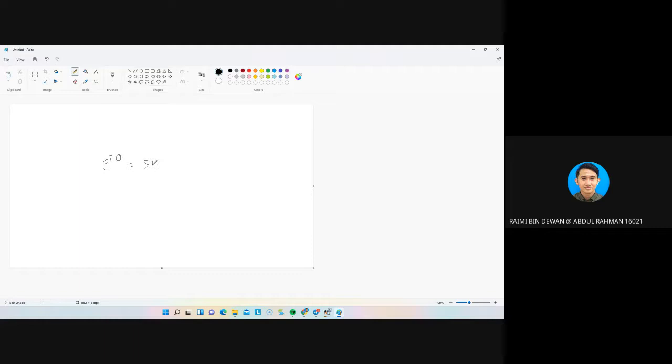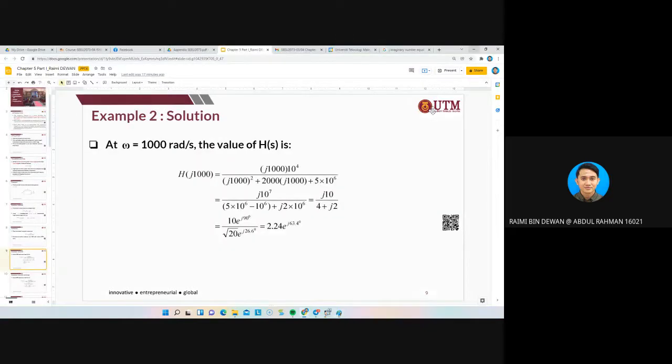You try this yourself, okay? What is Euler's formula relating to sin and cos? Okay, this one is not complete. But in such a way that we manipulate this term in order that j can be replaced with e^j term. Here our j is actually replaced by e^j90 degree.